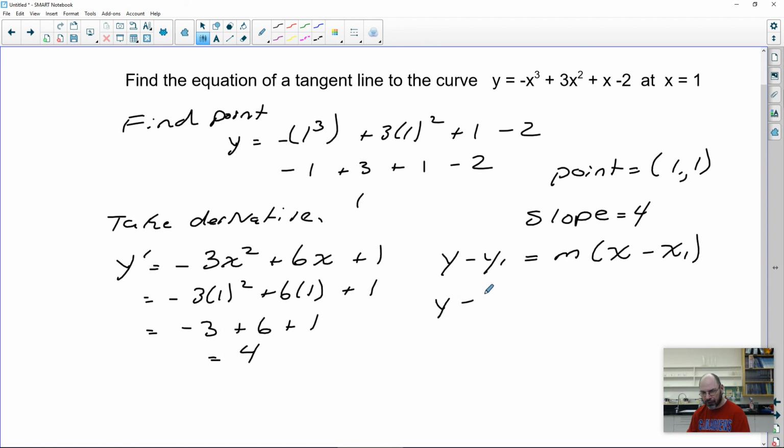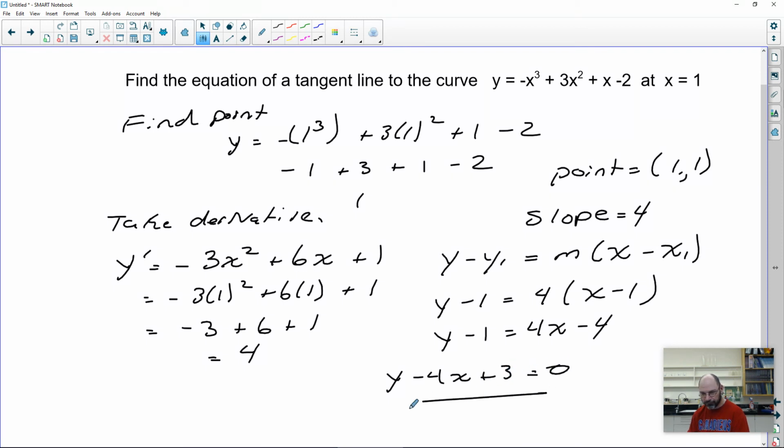So y minus 1 equals 4 times x minus 1. y minus 1 equals 4x minus 4. Let's bring everything to the left. y minus 4x, add 4 minus 1, plus 3, equals 0.